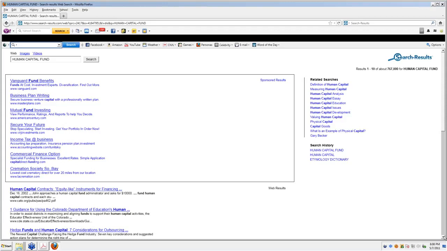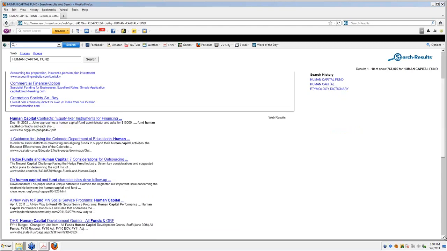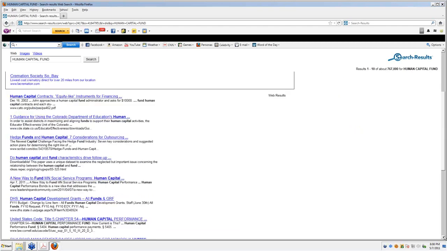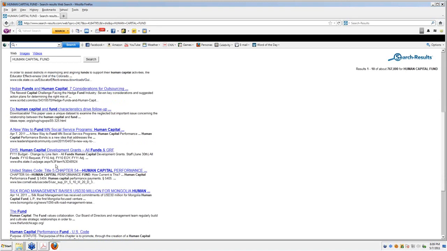So let's bring that back to a foreclosure situation and possibly a court situation. What does this say? Can you see my screen? Title 5, Chapter 54, Human Capital Performance, United States Code. Do you know who the head of the Human Capital Fund is? The Agricultural Department, isn't it? Yeah, IRS is.